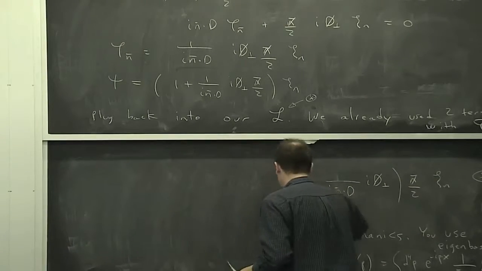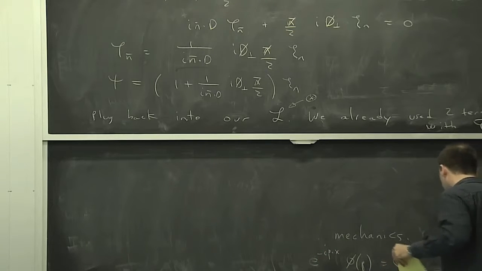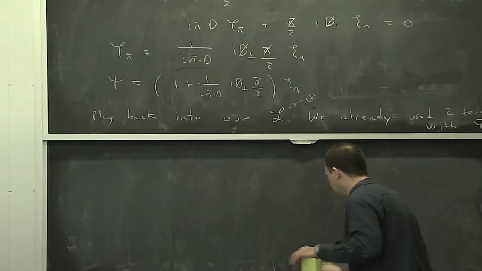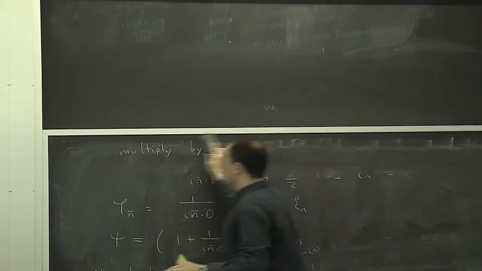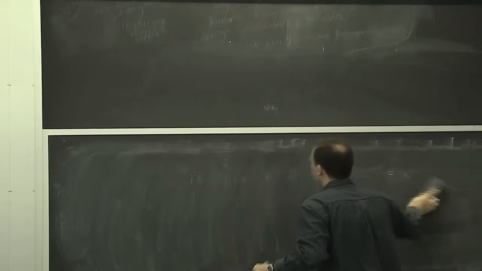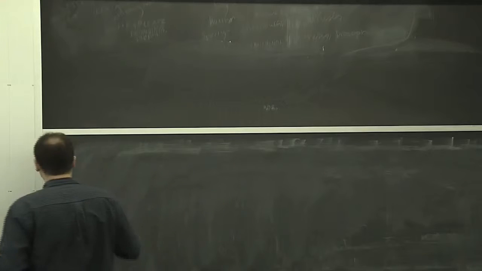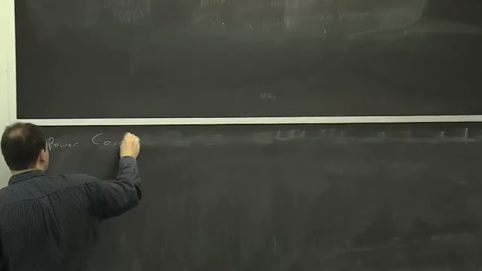So now that we have the sum of them, we can just think about how big one is relative to the other, and actually the coefficient that's between them doesn't really matter too much for that. So let's think about the power counting, which I already wrote on the board.